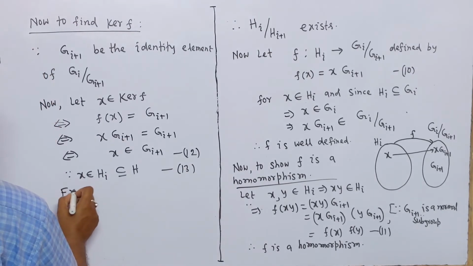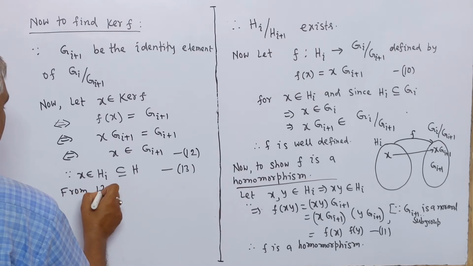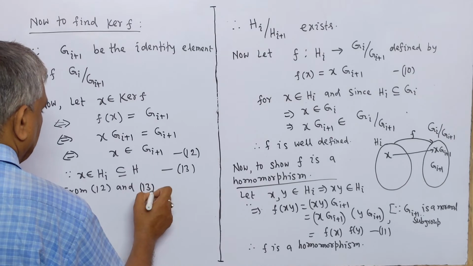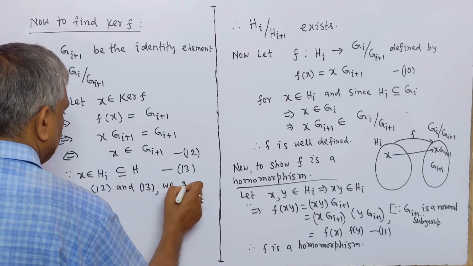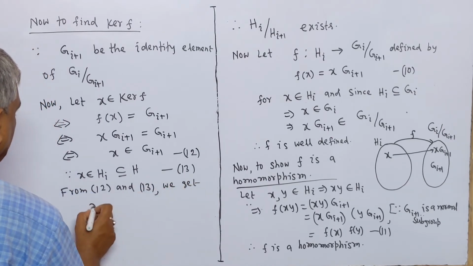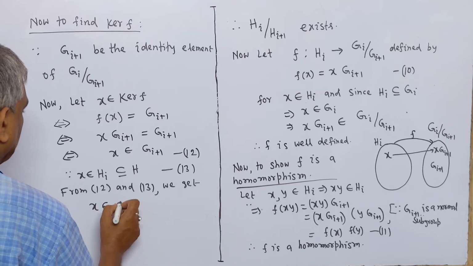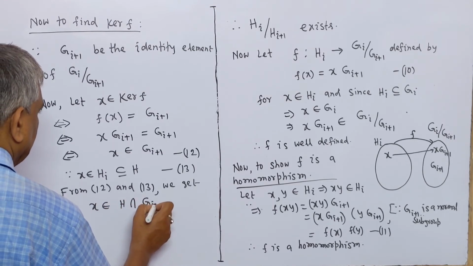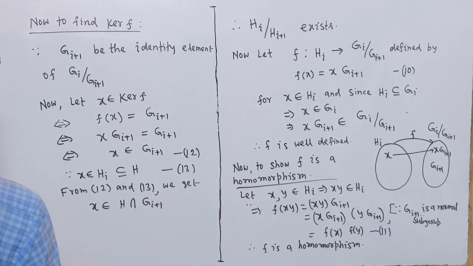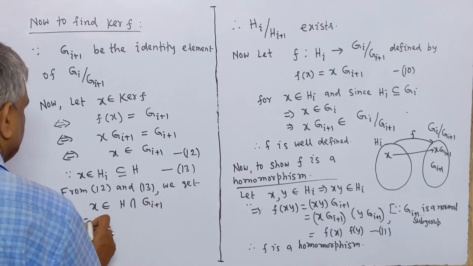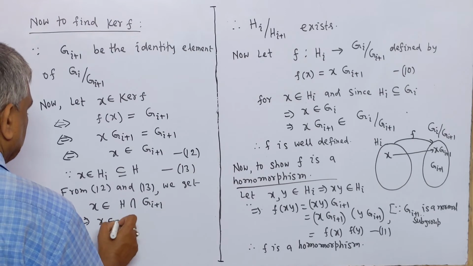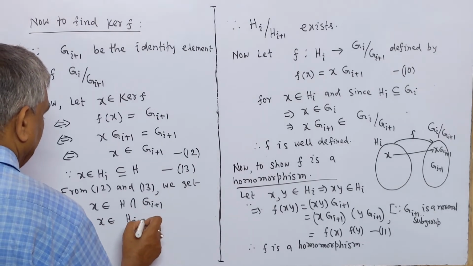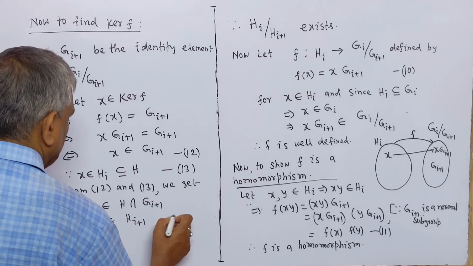From 12 and 13 we get x belongs to H intersect Gi plus 1, which implies that x belongs to Hi plus 1. This is number 14.